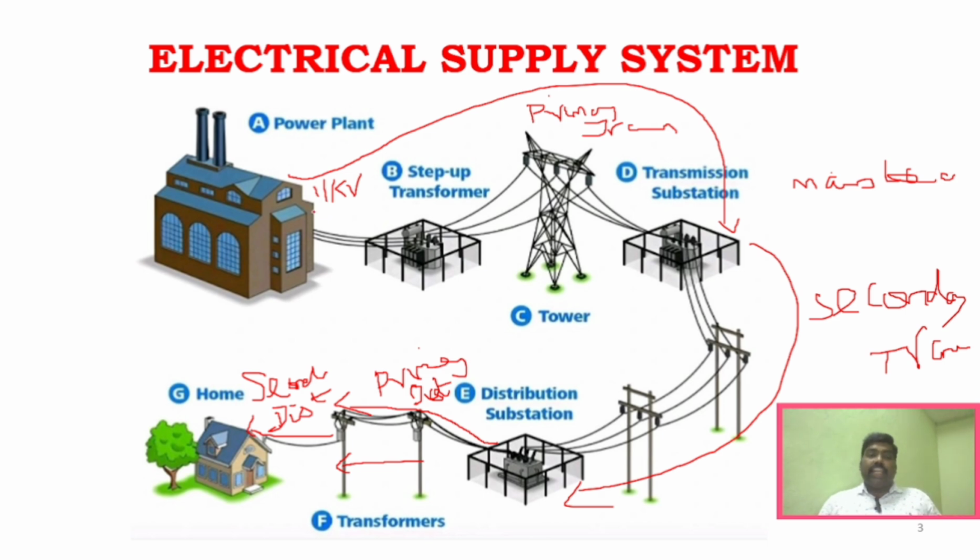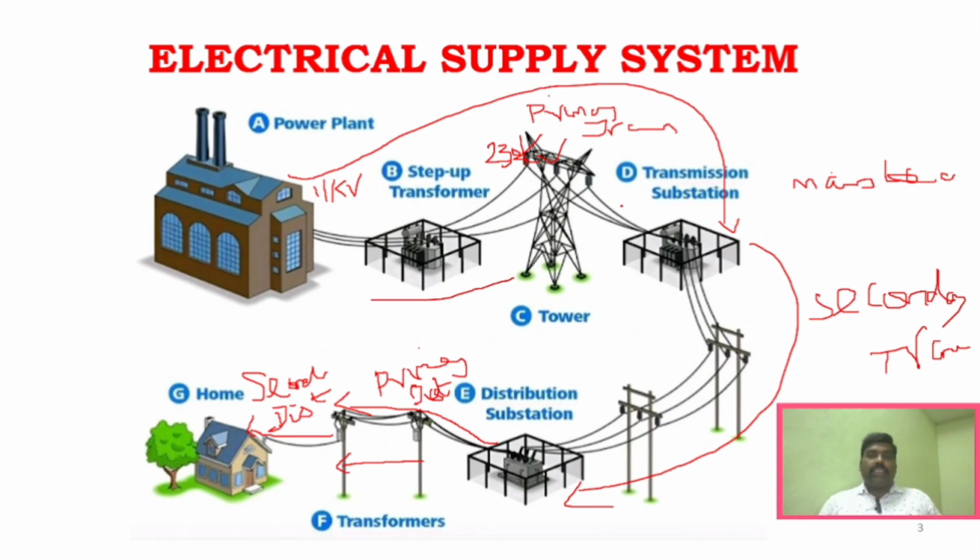So the power is generated at 11 kilovolt and now it is sent to the step-up transformer before transmitting through the overhead cables, right? So it will be stepped up to around 230 kilovolt, right? And this is the only step-up transformer, whereas after this, in the complete electrical supply system, you will have only step-down transformers.